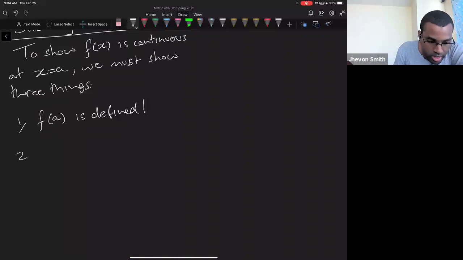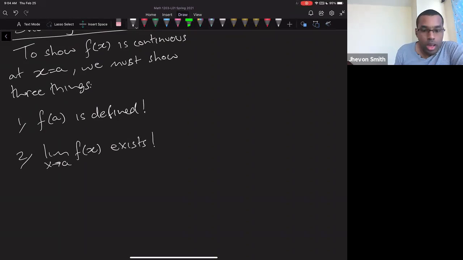Second thing you need to check is that the limit as we approach a of f of x exists. And of course, you should notice, may have to check the one-sided limits.